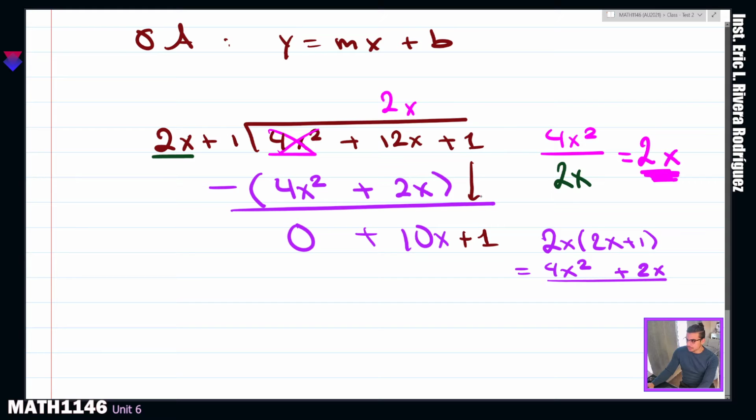We are going to repeat this process where we take the leading term of the dividend and divide it by the leading term of the divisor, which is 2x, and then we multiply the quotient of that division by the entire divisor. Let me simplify this. I'm going to erase all this.